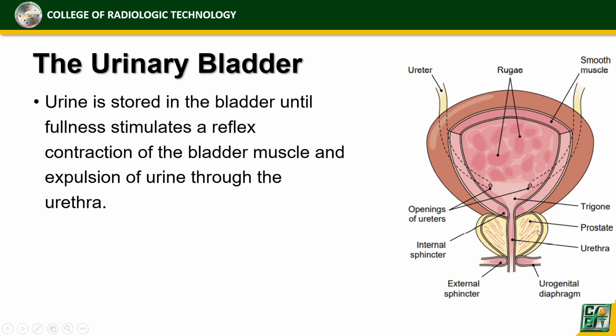Wala pong prostate gland ang females. So the prostate gland is included in the discussion of the urinary system, but it is also included in the discussion about the reproductive system, the male reproductive system.